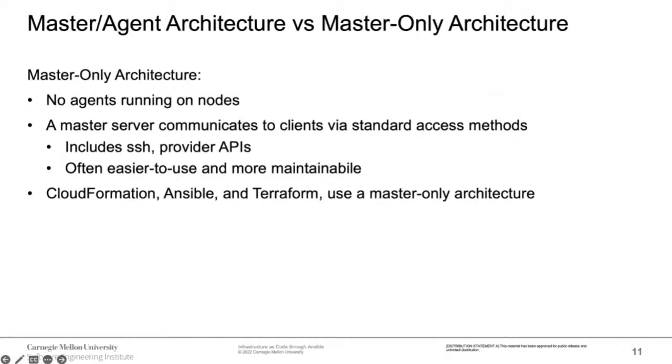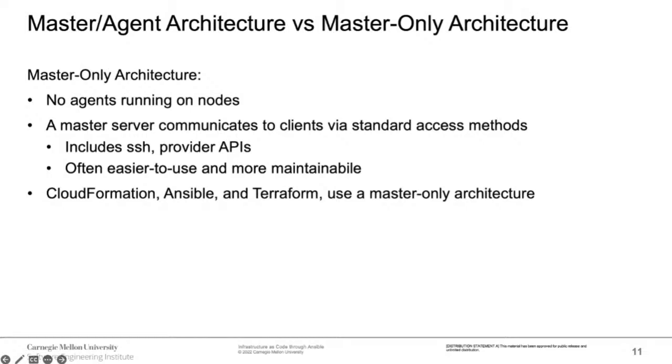Master-only architecture is where Ansible falls under, and this is where there are no agents running on the nodes, right? So essentially what happens is Ansible or Terraform or whatever, they communicate to nodes or services via standard access methods. So, either through things like SSH or provider APIs.